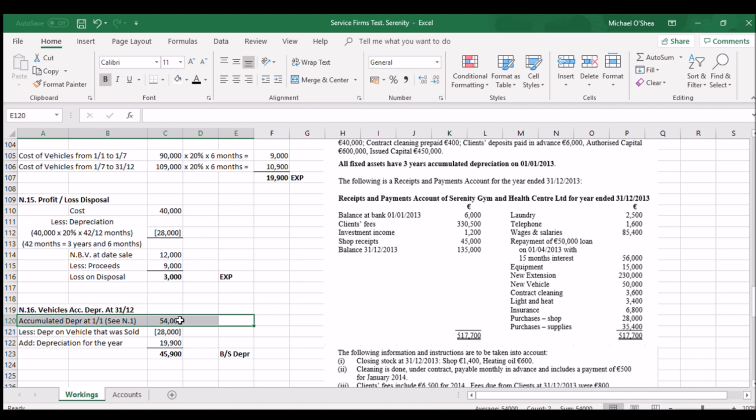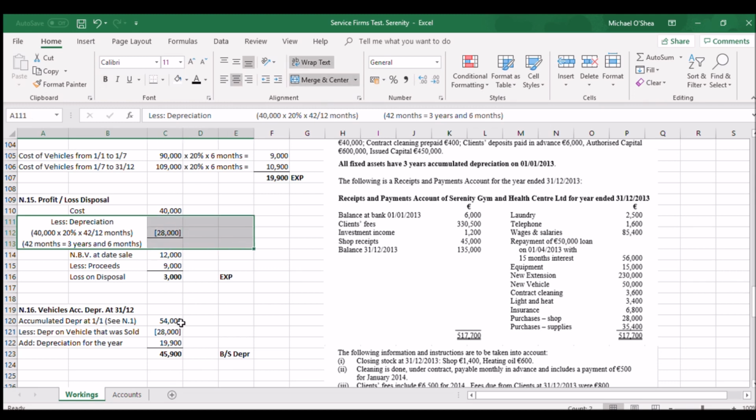So if I just add my depreciation from the start of the year, the 3 years depreciation, and I add my depreciation for the year, all I need to do then is just take away the depreciation from the vehicle that I just disposed of. So 54,000 depreciation, total depreciation that we looked at at the start of the year for 3 years. We've had 28,000.